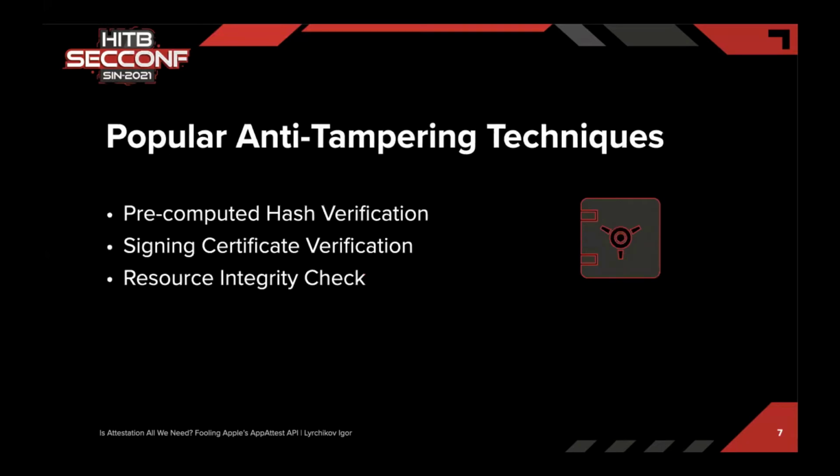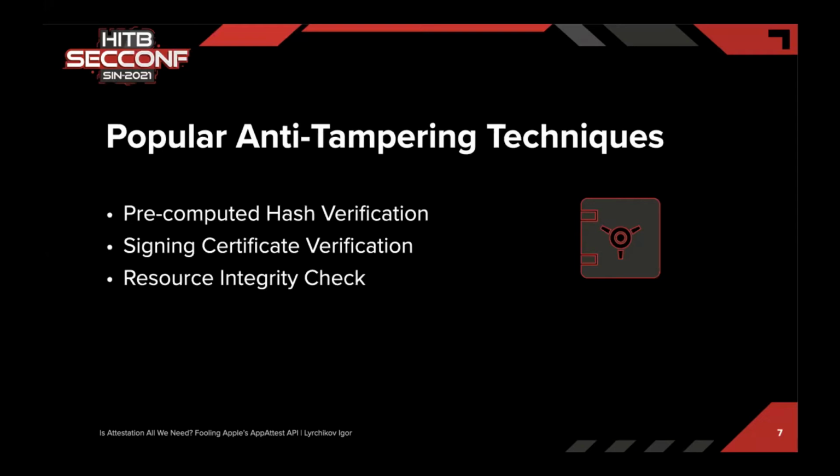Now I want to quickly name currently known and popular protection methods against tampering, which are always implemented on the client side. The first one is the signature check, the most trivial one. It checks the signer's certificate, and this approach can help you detect modification applied to the original app once it has been re-signed. The second one is code integrity verification.